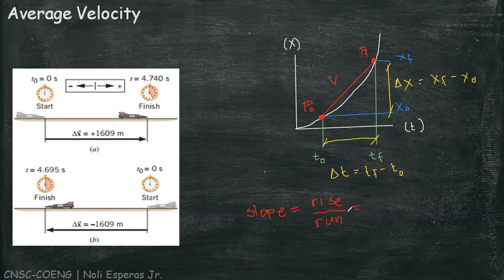Based on the figure, our rise is the change in position, or the displacement, and the run is the change in time, or the elapsed time, which is equal to velocity. Therefore, the slope of this triangle is equal to velocity, which is equal to delta x over delta time.